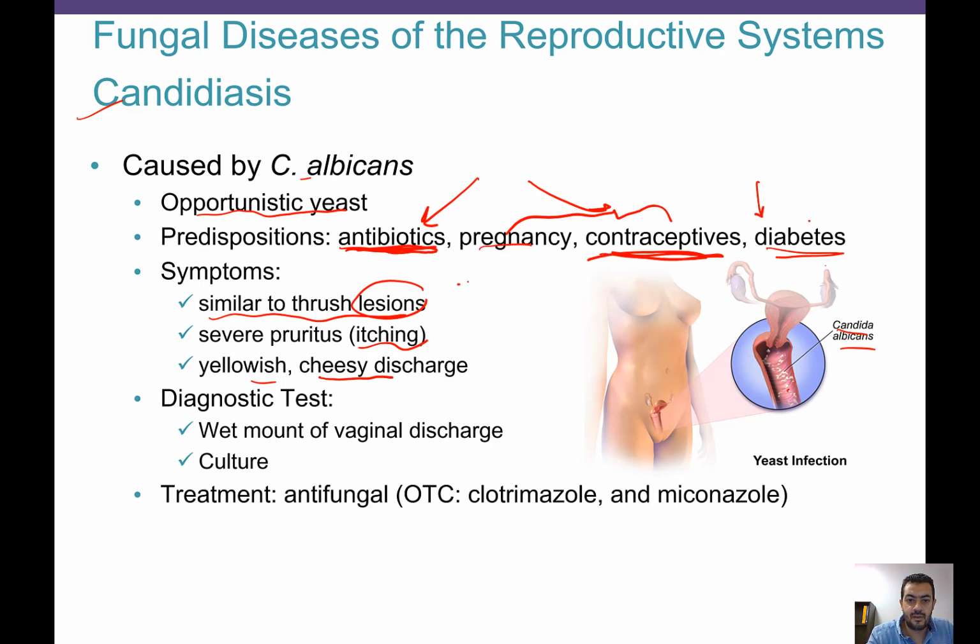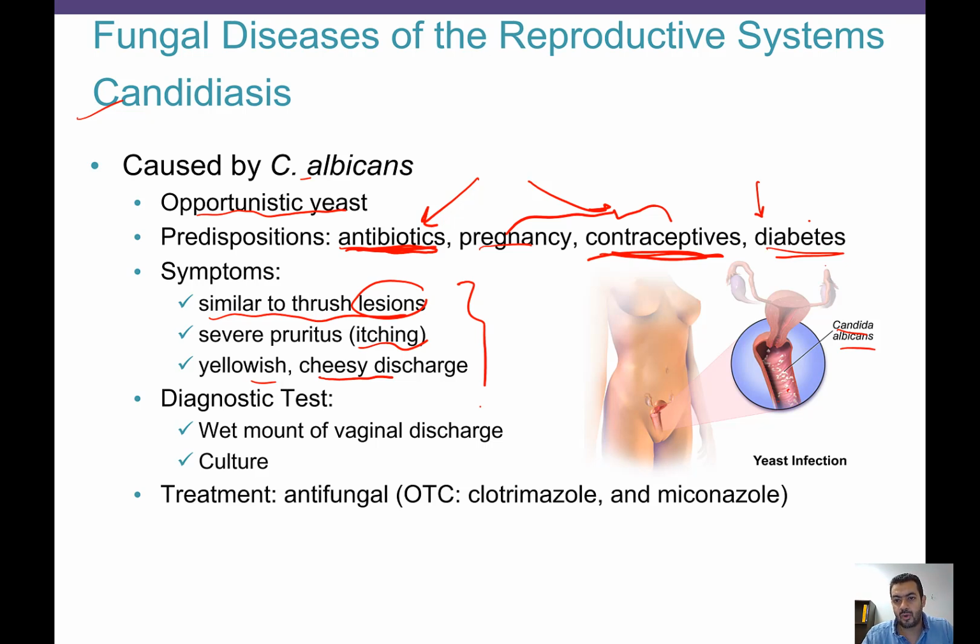So we have seen the symptoms. What could be the diagnostic test? The diagnostic test is a wet mount. So they take a specimen from the vaginal discharge, and they mount the microorganism, the fungus actually, in an aqueous solution, so it's a wet mount, and then they examine it and the culture.